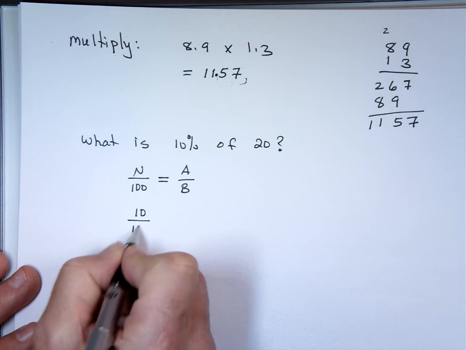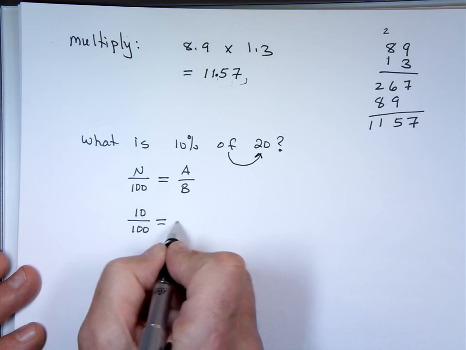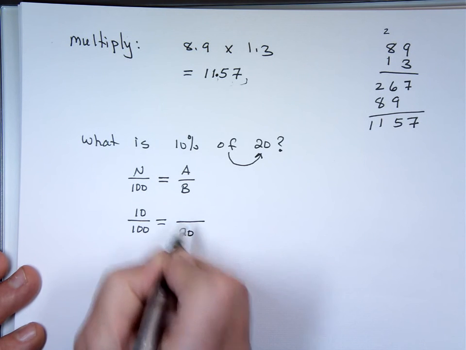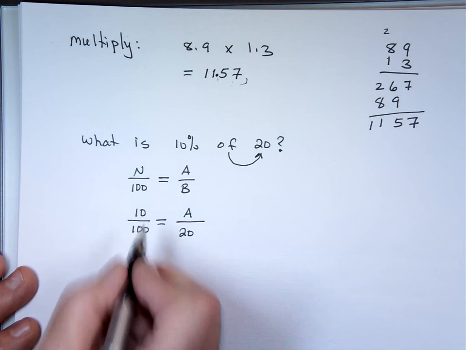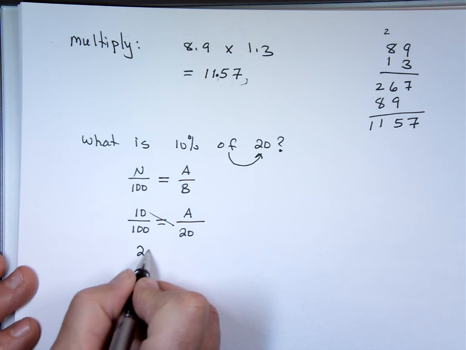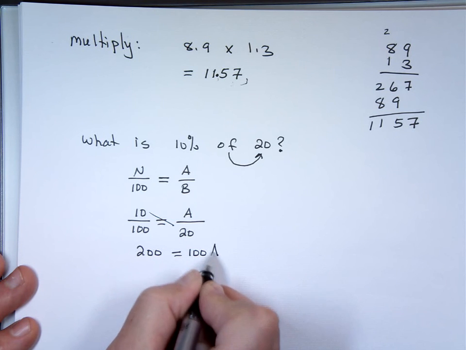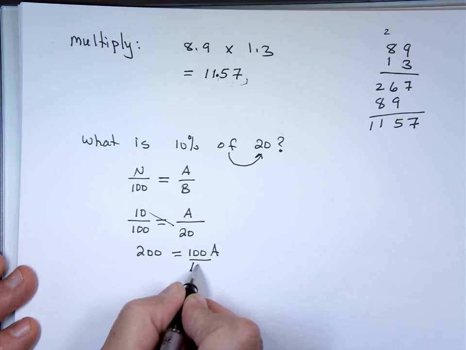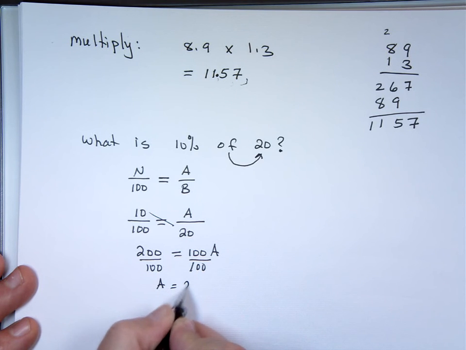The number after of is always your base. That leaves A as unknown. Cross multiply. 200 equals 100A. To solve for A, we divide by 100. A equals 2.